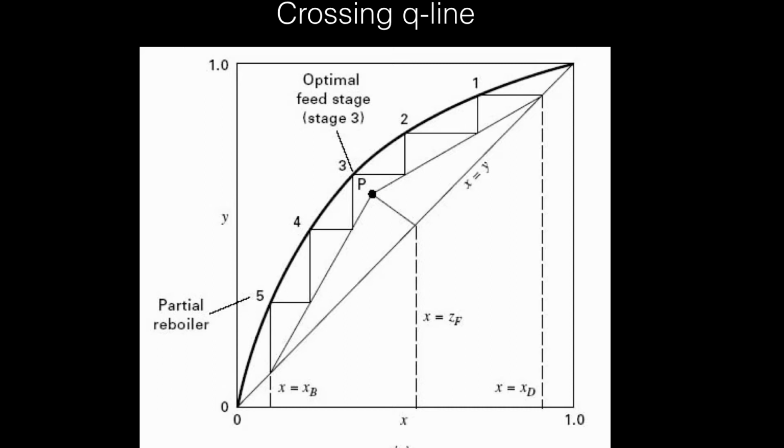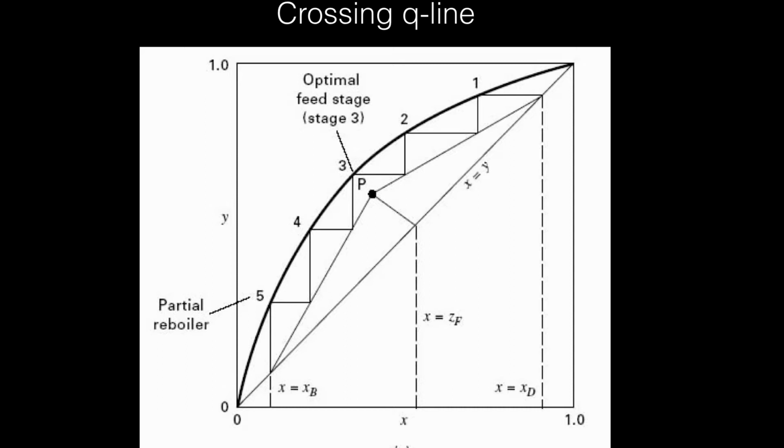Going over the Q line, we start at the rectifying section operating line, jump to the equilibrium curve, and then since we've crossed the Q line, we go back to the stripping section operating line. And in this case, we have 1, 2, 3, 4, 5 theoretical stages on the column. Again, stage 5 is the partial reboiler and equilibrium stage, and there are 4 equilibrium stages on the column.